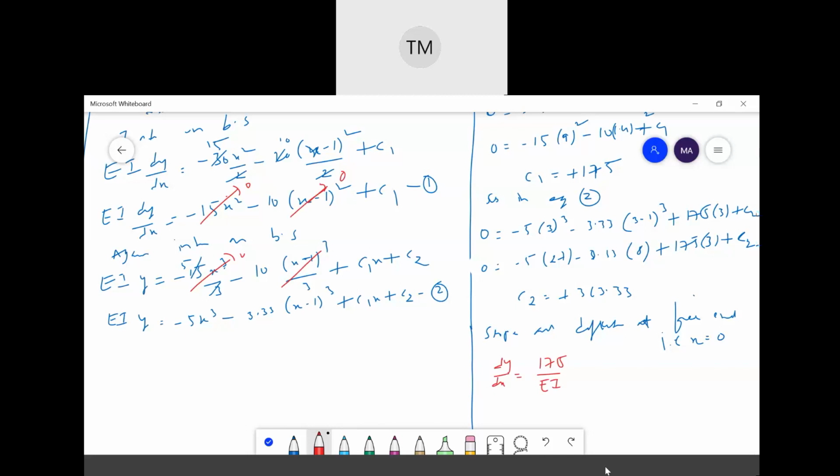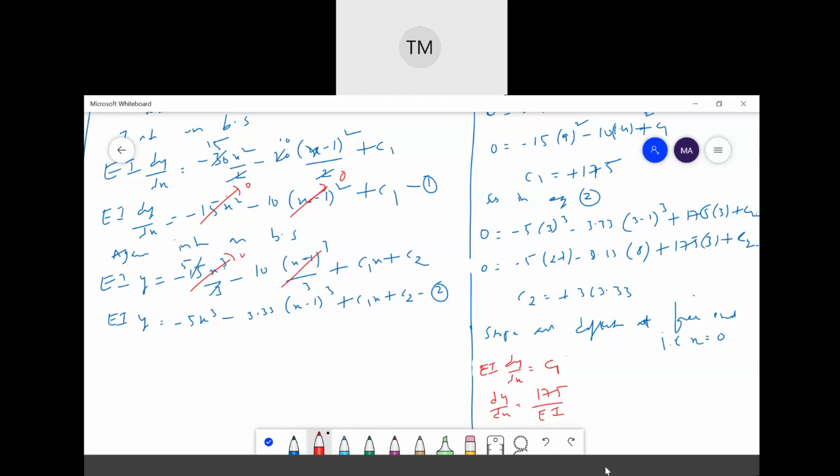Then similarly, you will calculate the deflection. Slope dy by dx is C1. When you simplify this one, dy by dx is equal to C1, and the value of C1 is 175 by EI. Similarly, we will calculate the deflection.